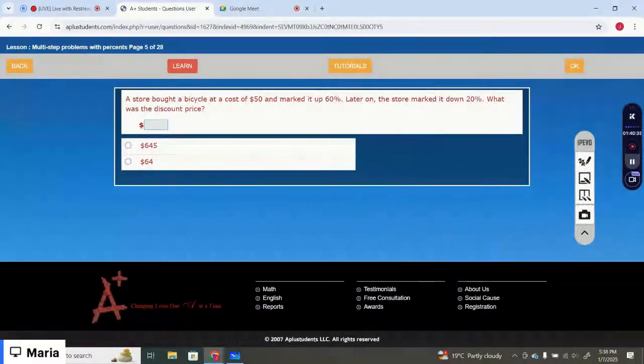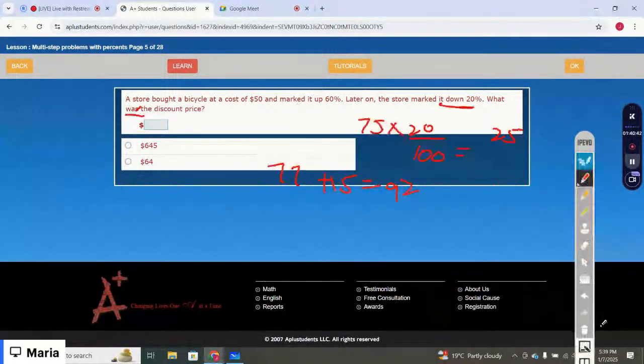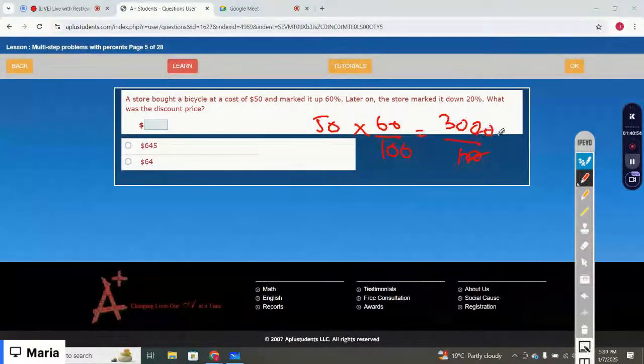A store bought a bicycle for $50 and marked it up 60%. Later on, the store marked it down 20%. What was the discounted price? Okay, so $50 times 60 over 100. That is 30.